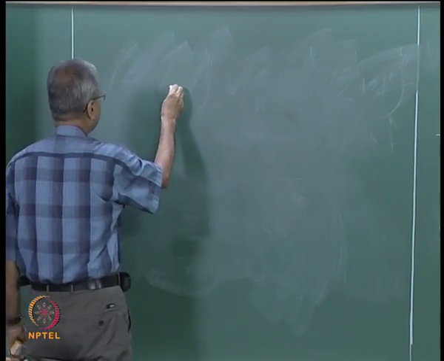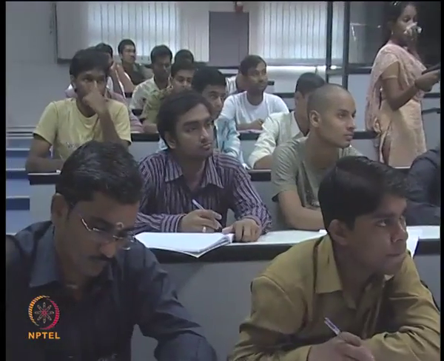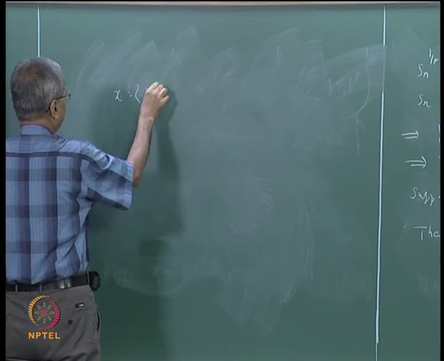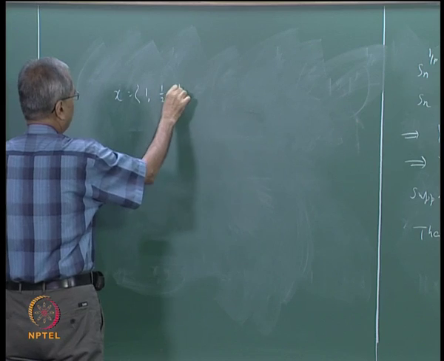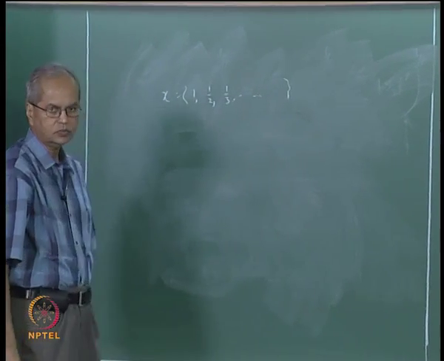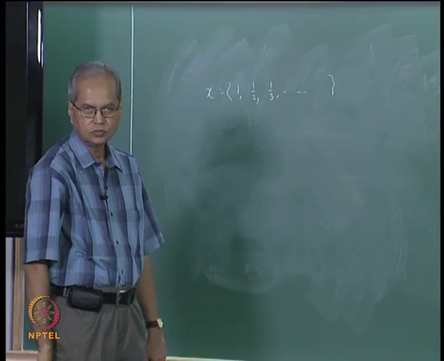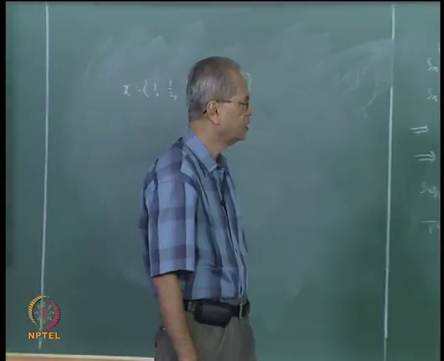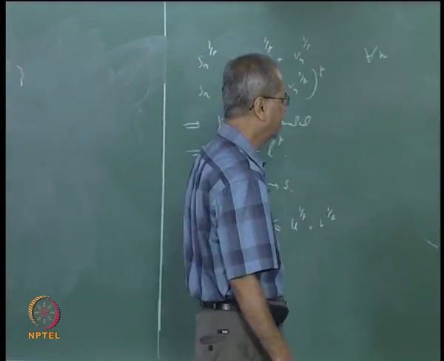Let us take the sequence 1 by n, or let me write in full form. Let us say x is this sequence 1, 1 by 2, 1 by 3, etc. Let me ask a question.